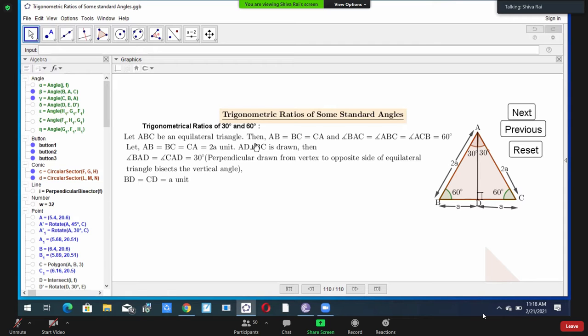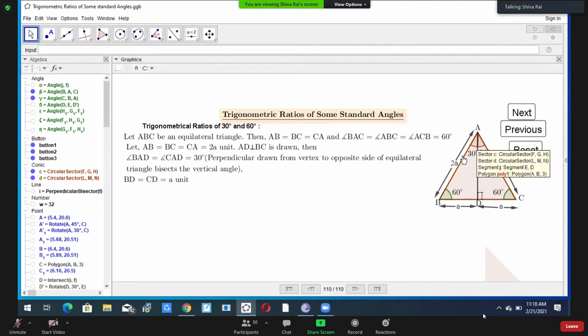Let ABC be an equilateral triangle. Then AB equal to BC equal to CA. If ABC is an equilateral triangle, then all the sides are equal. What type of triangle is equilateral? Already you know, having all the sides equal. In a triangle, having all the sides equal is called an equilateral triangle.